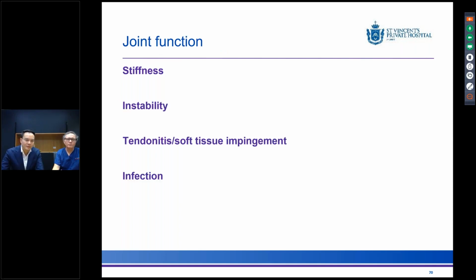Next thing, we look more into the joint function. In the knee, we'll be looking at the range of motion. In the hip, there can sometimes be more specific soft tissue impingement described. John, can you talk to us more about this?